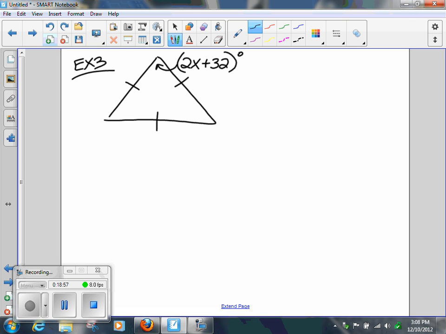There are several different ways to do this problem, okay? I could say if these 3 sides are congruent, what do you know about all 3 angles? They're congruent as well.